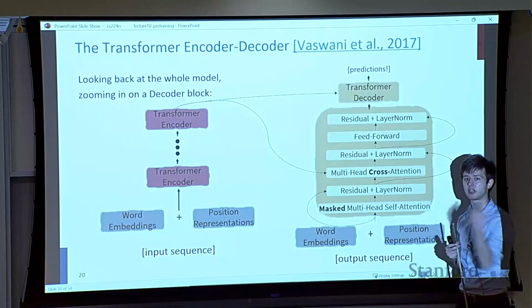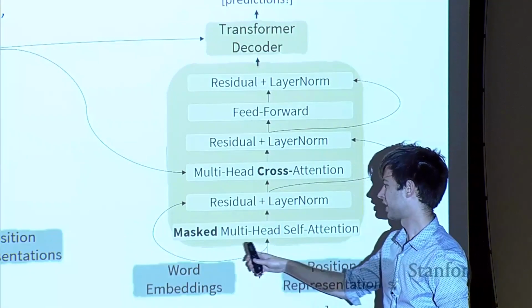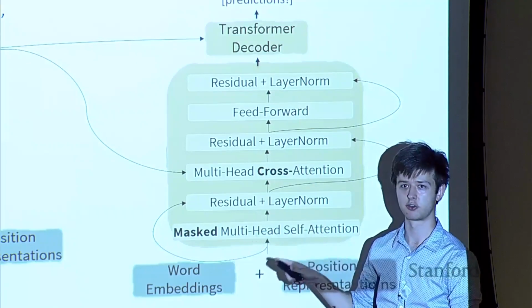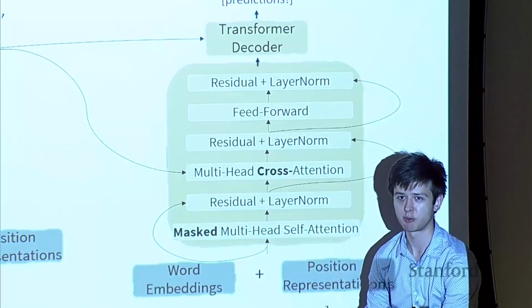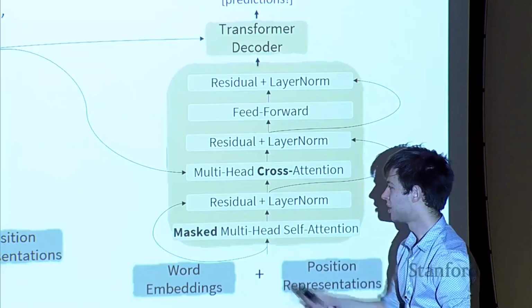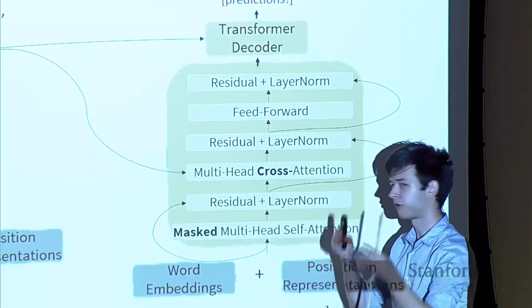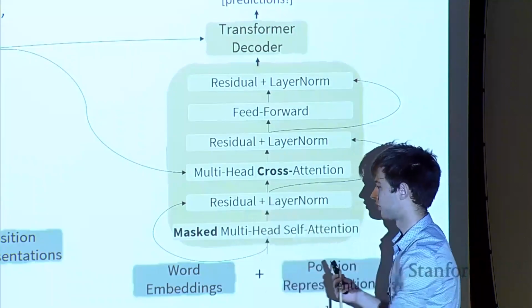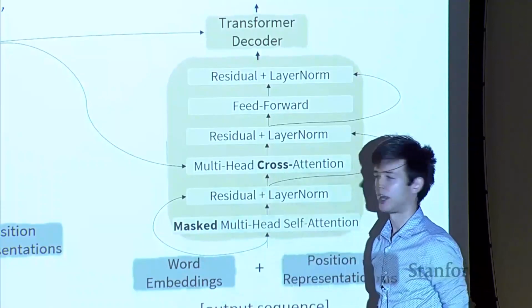So where you can't look at the future. And someone asked actually about how we decode from transformers, given that you have this big chunking operation. It's a great question. I won't be able to get into it in detail today, but you have to run it once during the decoding process for every time that you decode to predict the next word. I'll write out something on Ed for this.